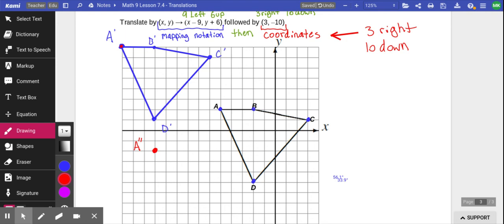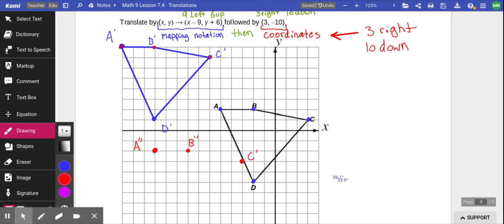And I'm going to do that with all the points. So B prime would do the same thing. It would go 3 right and then 10 down. It should get you right here. That is B double prime. If I look at C and I wanted to move point C, I would go 3 to the right and then 10 down, which would get you right here.